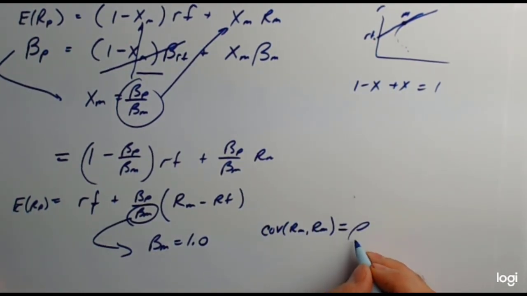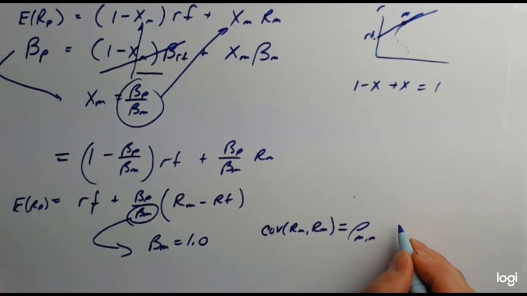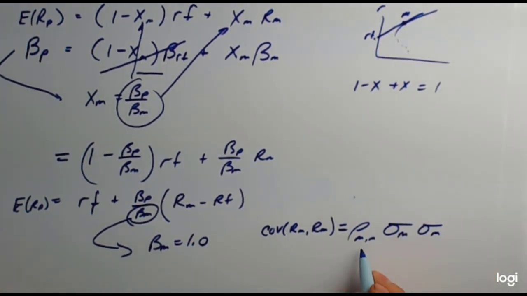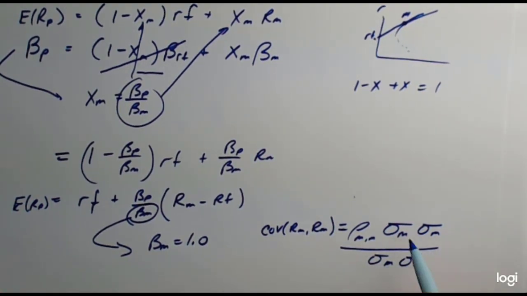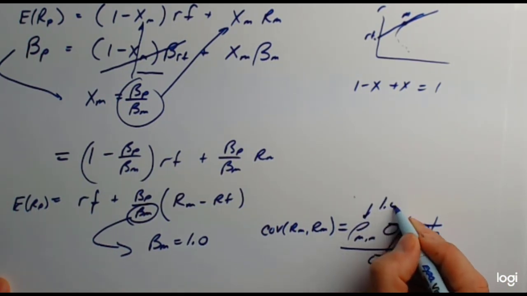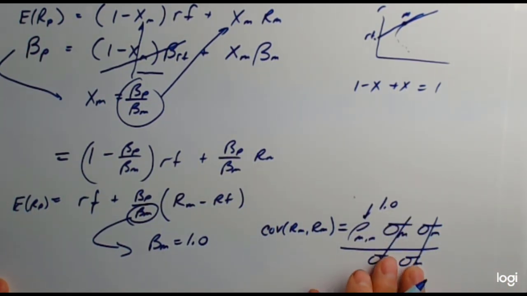It's the correlation of the market with the market times the standard deviation of the market times the standard deviation of the market, divided by the variance of the market, right? And again, that's a scaling thing. So what happens is this cancels out and this correlation is just 1. How does something covary with itself? How is it correlated with itself? It's just 1.